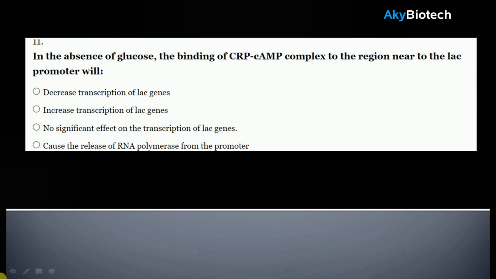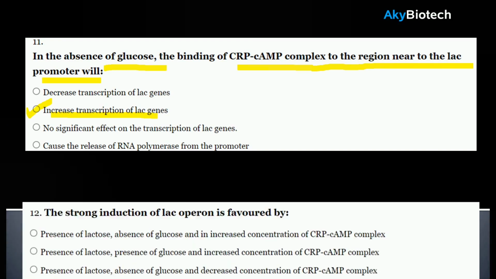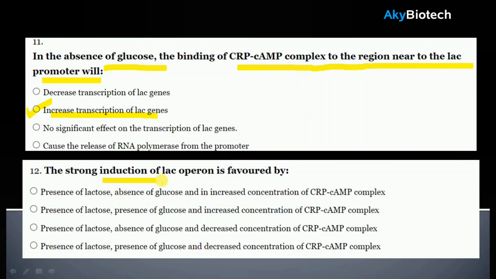Number 11, in the absence of glucose, the binding of the CRP-cAMP complex to the region near the Lac promoter will increase the transcription of Lac genes. Number 12, the strong induction of Lac Operon is favored by, so for the Lac Operon to operate, what do we need?